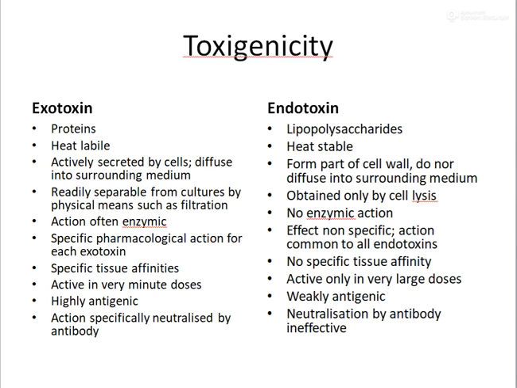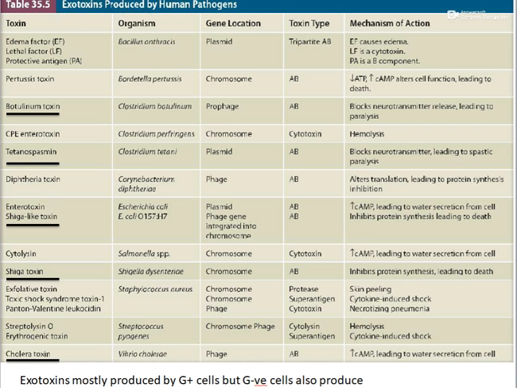Now, these are just general characteristics by which we distinguish between exotoxins and endotoxins. What are the examples of each? A wide range of organisms can produce exotoxins. Usually, gram-positive organisms predominantly produce exotoxins.